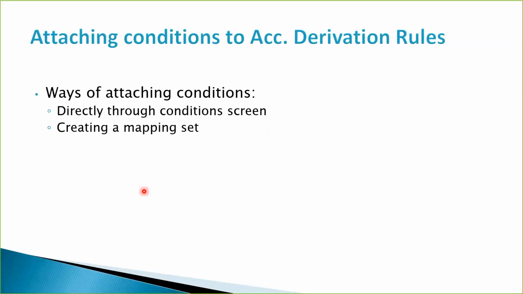And therefore, a mapping set can make our work easier by just specifying a particular input value. You can tell the system how to derive the output. Depending on the input value, the system will give you a particular output, which is just a different way of attaching the conditions.